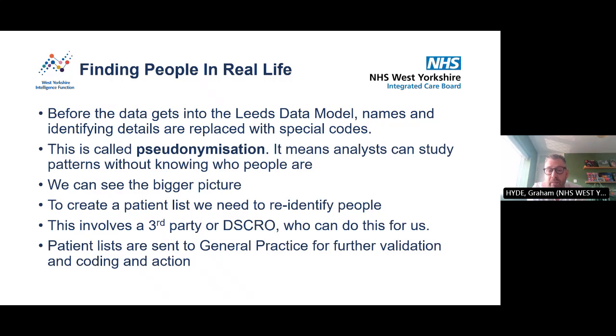We're able to see that bigger picture, but to create the patient list for action, we need to be able to re-identify these people. And we can do that, and that involves a third party who can do this for us. They hold the key to unlocking the pseudonymization. Once we've done that, patient lists are then sent to general practice for further validation, coding, and action.